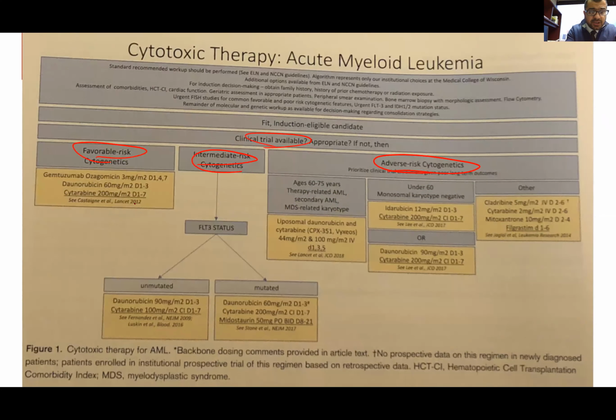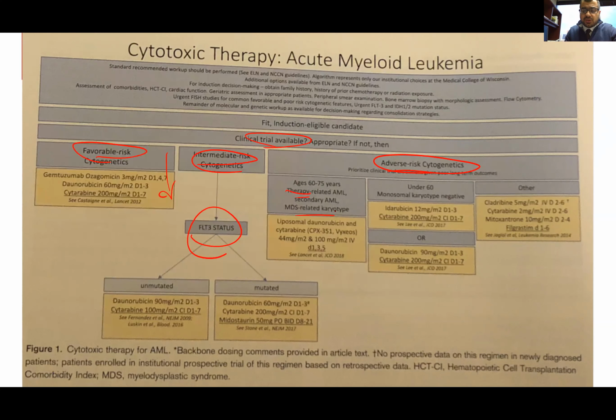And depending on favorable risk, you will see that now our standard has incorporated a CD33 antibody plus 7 and 3, and in intermediate risk, the FLT3 status plays a big role. And then the presence of therapy-related AML or AML with MDS features is also a component.